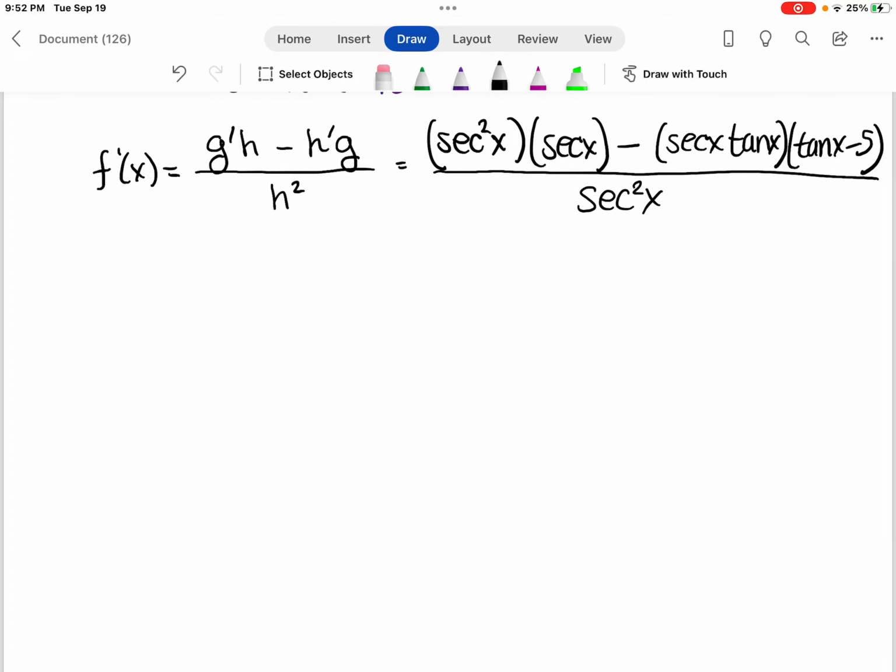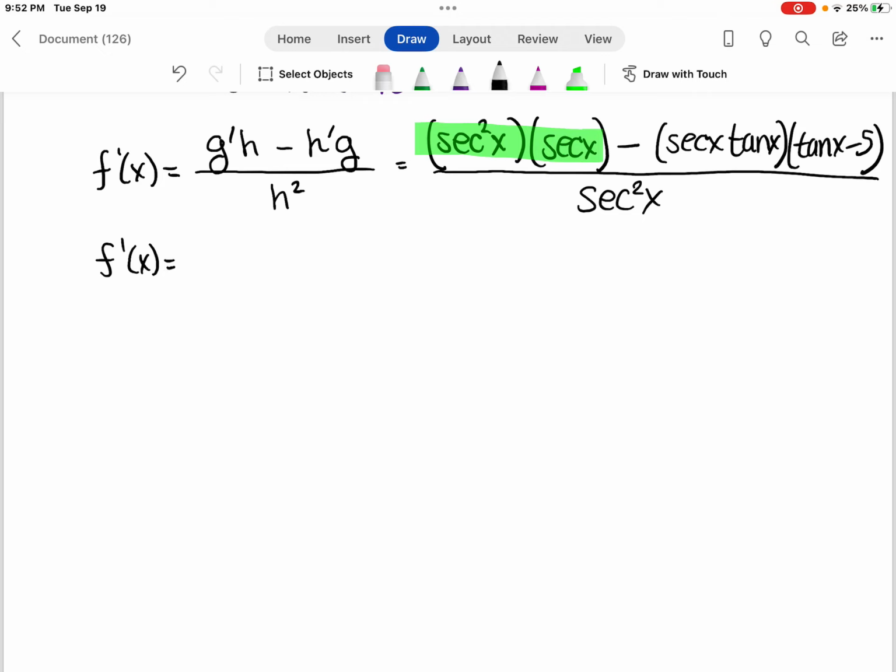Now that's the derivative. Now from here, we just have to clean it up and simplify it. And that's when it's going to get a little bit messy, and we're going to have to remember some trig identities. So the first thing I'm going to do is multiply this out.